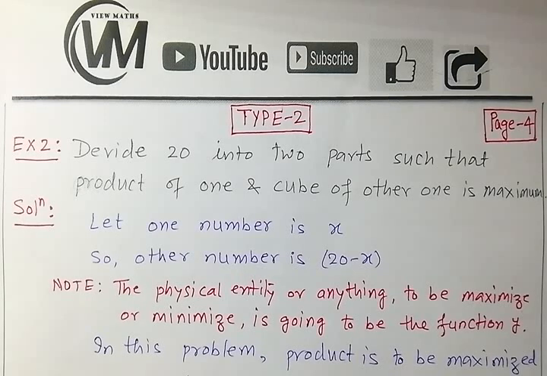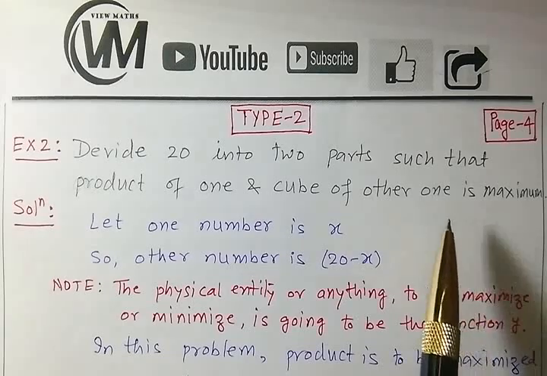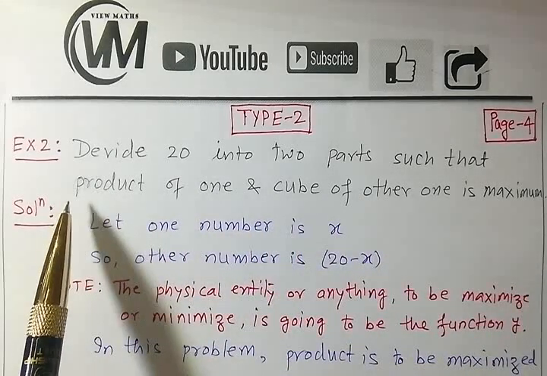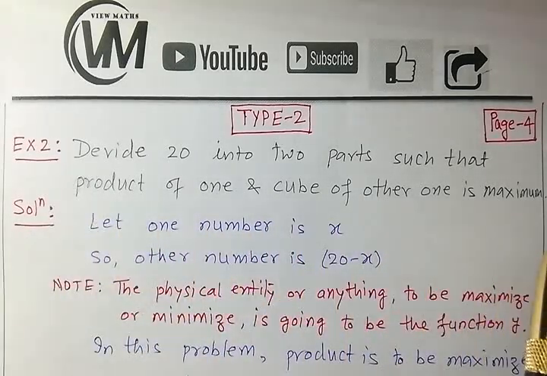How can you identify y? We have to read the question from the reverse way. The product is to be maximized. So whichever physical entity is to be maximized, that will become y. This is the tip.